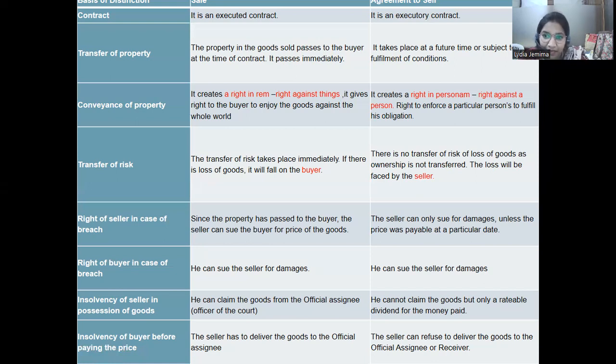Insolvency of the buyer before paying the price: in a sale, the seller has to deliver the goods to the official assignee. In an agreement to sell, the seller can refuse to deliver the goods to the official assignee.